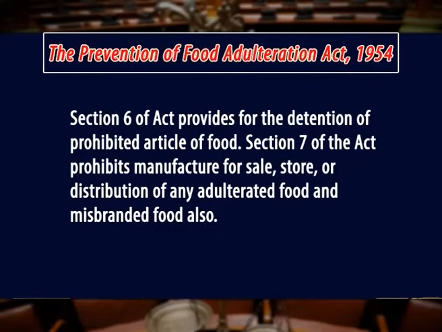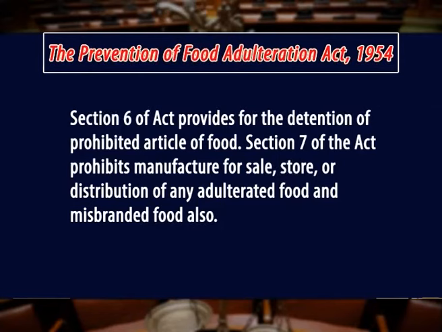The general provisions of food contain the legal provisions pertaining to food, like prohibition of import of certain food articles into India or prohibition of manufacture, sale, etc. of certain articles of food like adulterated food, misbranded food, etc. under section 5 of the Act, while section 6 of the Act provides for the detention of prohibited articles of food.